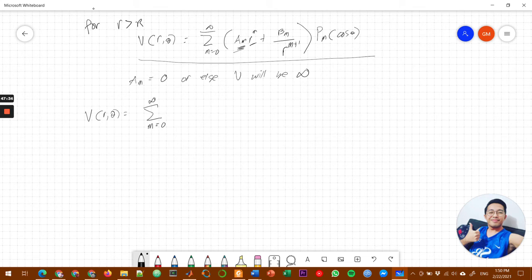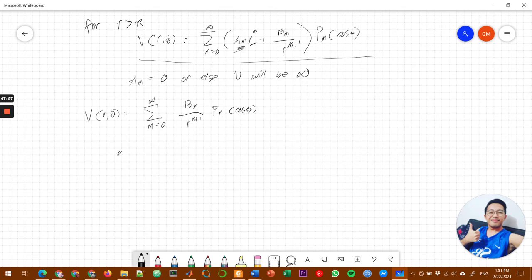So b m na lang nabilin, b m over r to the m plus 1, p m cosine theta. So para makuha na po nato ang constants nga b sub m, so let's make use na po of the boundary condition at the surface.